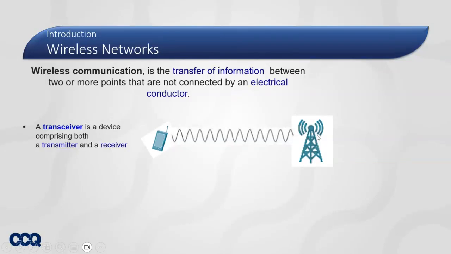At the same time, the base station is transmitting a signal and the mobile station is receiving it. So the mobile is both transmitter and receiver. We call it a transceiver device.